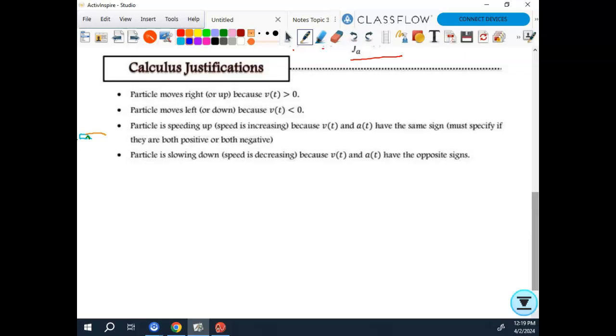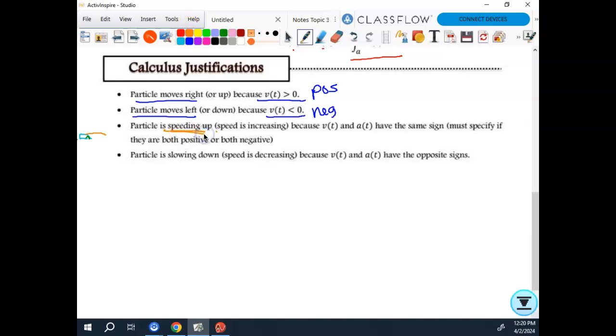So, particle moves to the right or up because v of t is greater than 0. These are our justifications. We're writing stuff out. Particle moves to the left or down. V of t is less than 0 or negative. So this means positive. This means negative. Okay, and then again, because this is all stuff that we've already talked about.